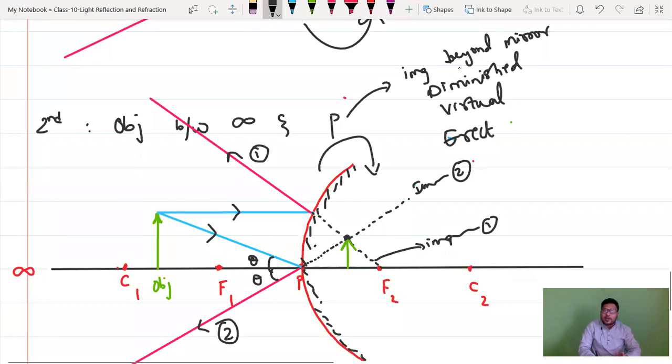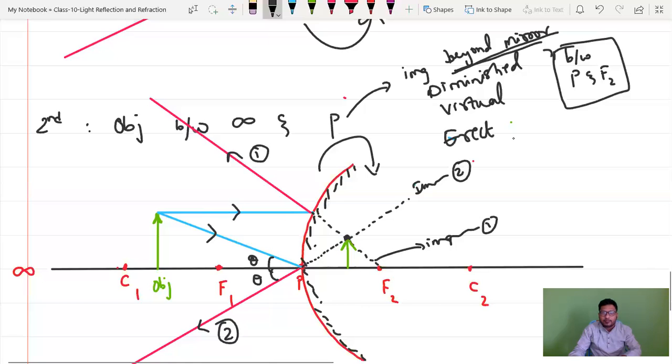Guys, sometimes what you can say beyond mirror, or sometimes you can say between P and F2. That is also correct. Why to have this confusion? Leave it. Between P and F2, no need. You can write beyond mirror. That is also correct answer in your exam.